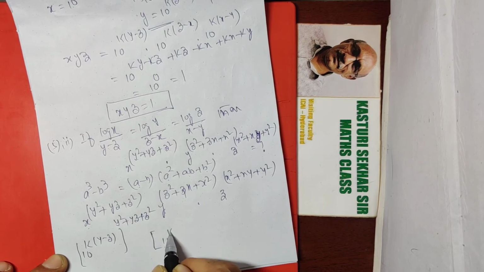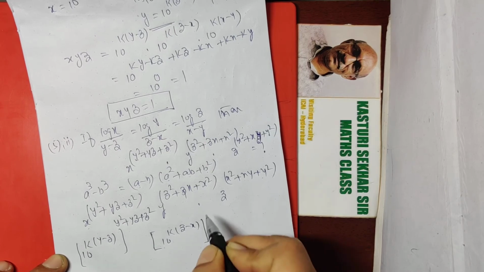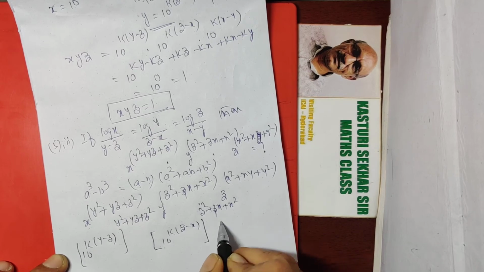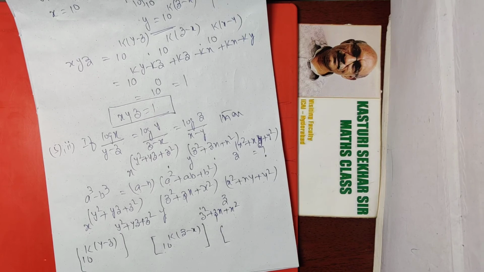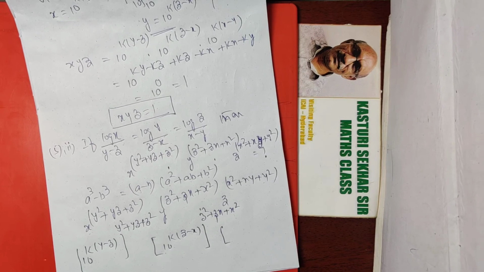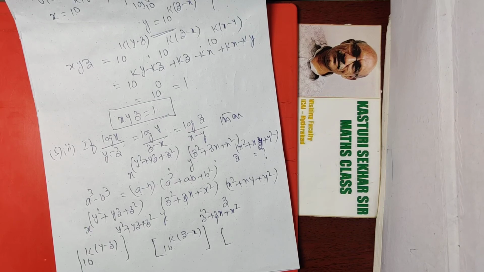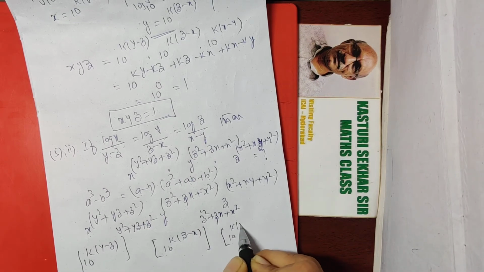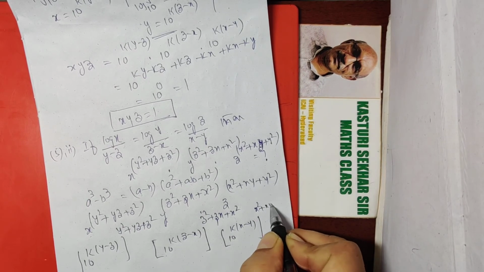This y can be written as 10 to the power of k into z minus x, whole to the power z square plus zx plus x square. This z can be written as 10 to the power of k into x minus y, whole to the power x square plus xy plus y square.